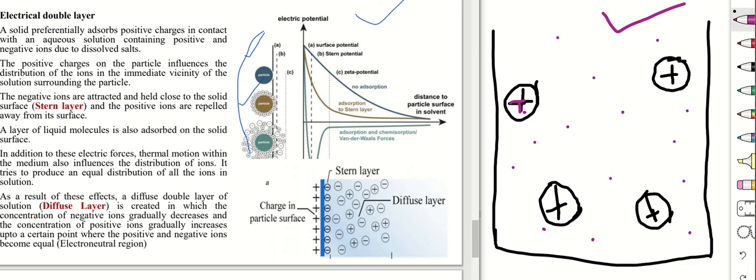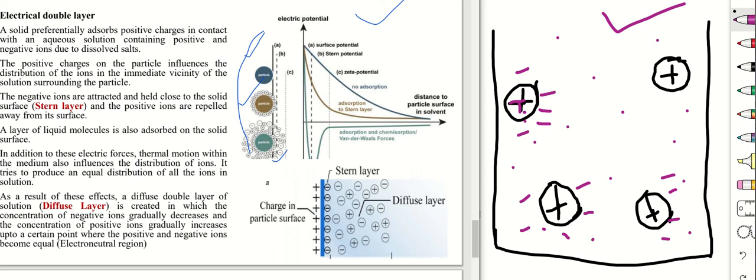Because of this positively charged drug particle, it will attract the negatively charged ions from the solution, right? So in this graph, the positively charged particle is able to attract negatively charged ions.